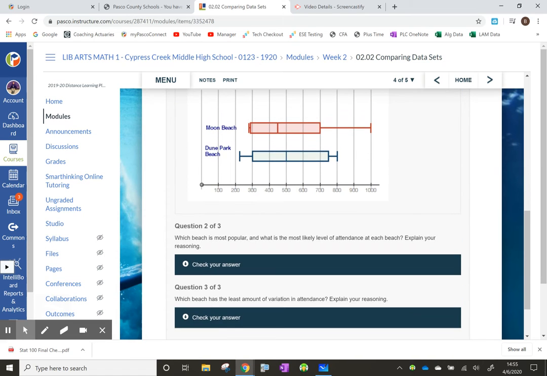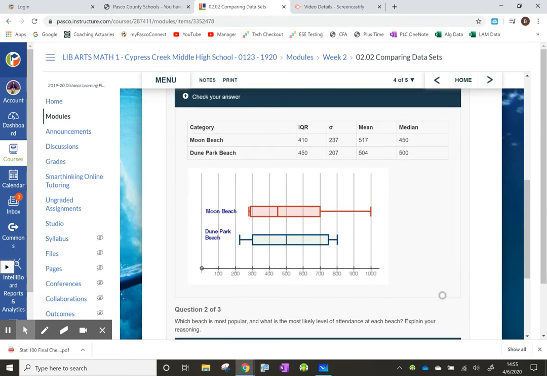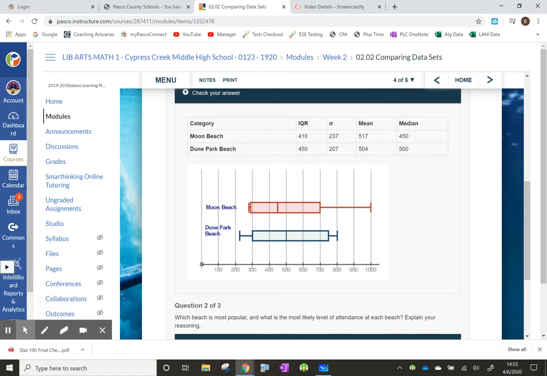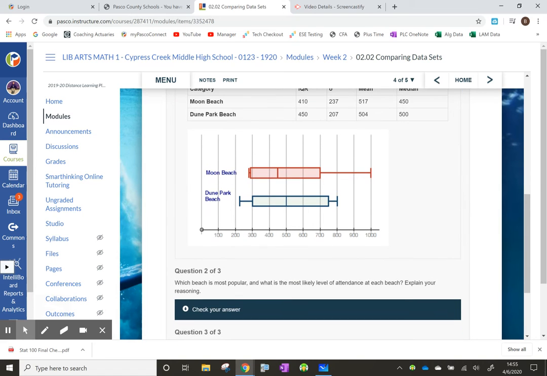So which beach is most popular? And what is the most likely level of attendance at each beach? For Moon Beach, because it's so asymmetrical, I would use its median to describe its average attendance better. So its median would be 450 for Moon Beach. For Dune Park, since it's symmetrical, I would use its mean, which is 504.